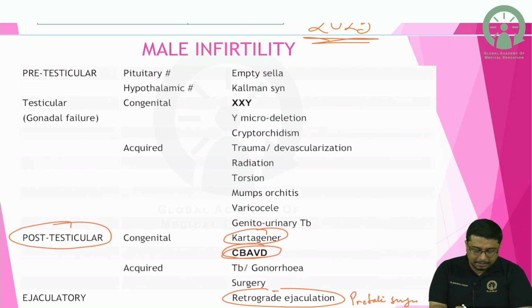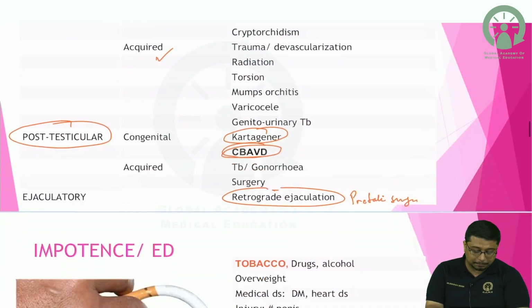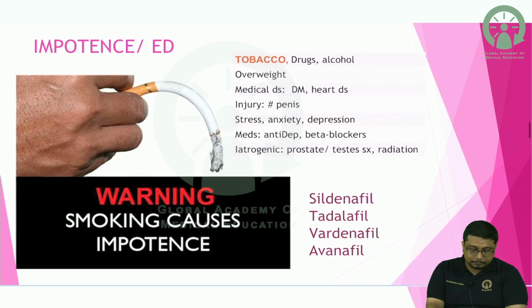And then it can be a testicular problem, either congenital or acquired, or a pretesticular problem like a pituitary or a hypothalamic problem. Right?